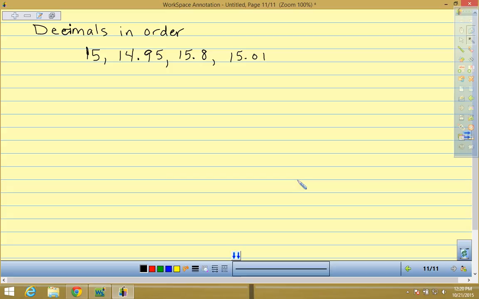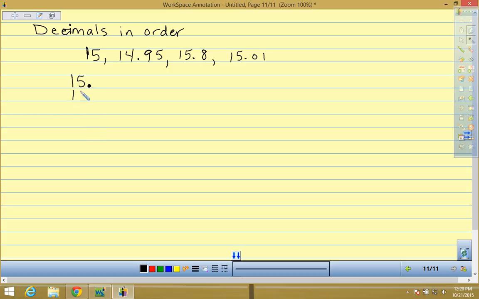Okay, we're going to do this in steps. So the first thing that we're going to do is take the numbers as is, and we're going to line them up, instead of horizontally, we're going to line them up vertically. But we're going to line them up to where the decimals are matching, or the decimals are lined up. So I have 15. When you have a whole number, even though there's not a decimal there, is there an invisible decimal with an infinite number of zeros hiding? Yes. Okay, so for right now, I want you to put a decimal right there, because you know that it's there.